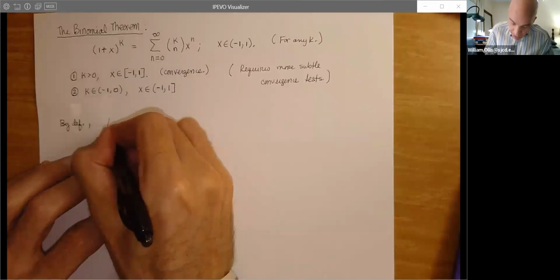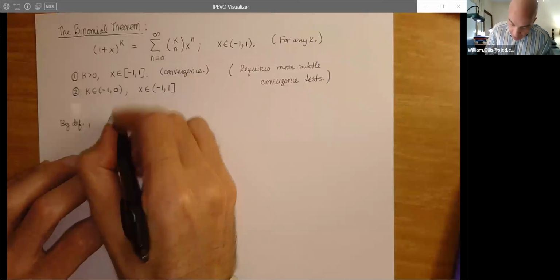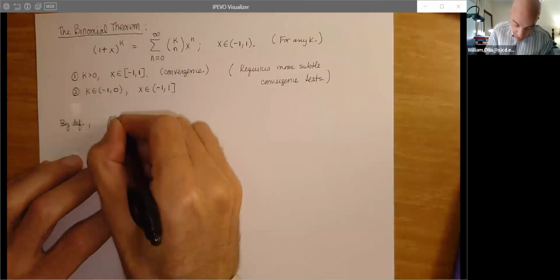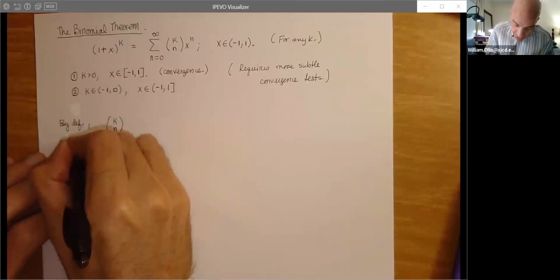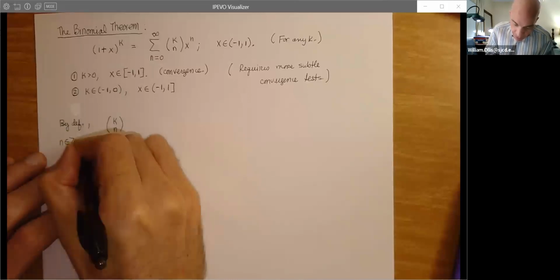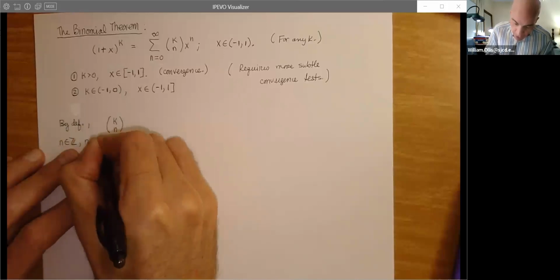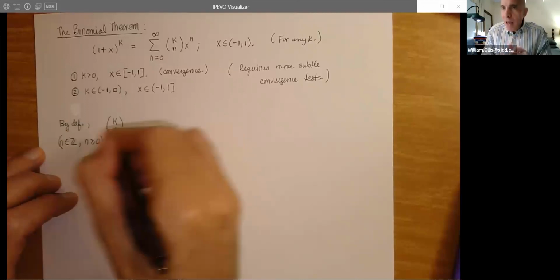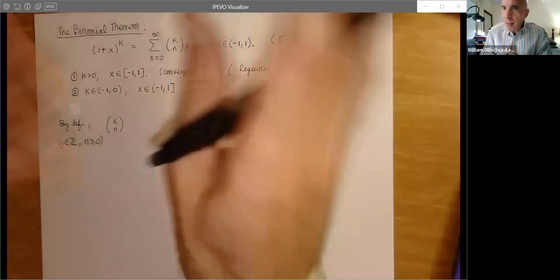So I'm just going to say here k choose n, and we're going to take n to be an integer. k is any real number, but n is an integer and it's non-negative. So for instance, n could be 0, 1, 2, 3, 7, 8, 9, things like that.